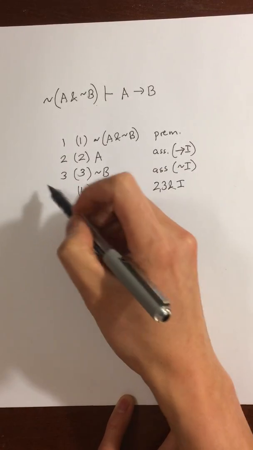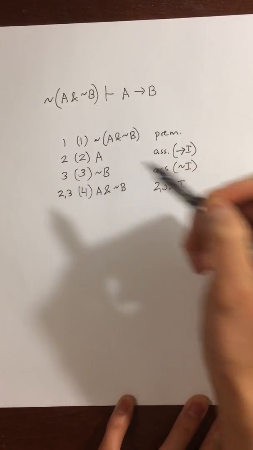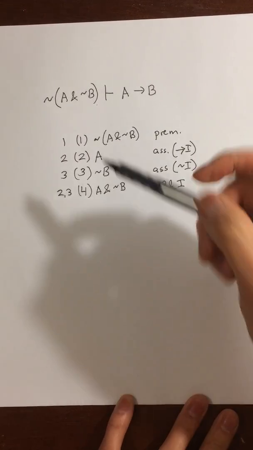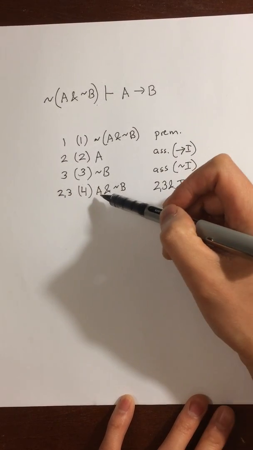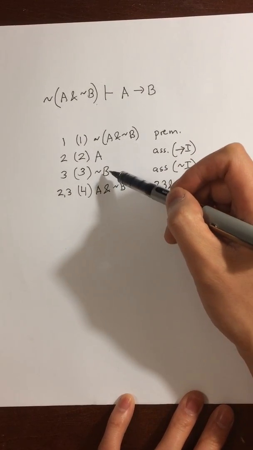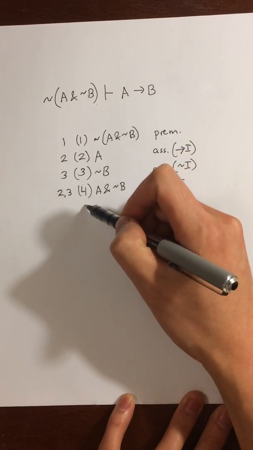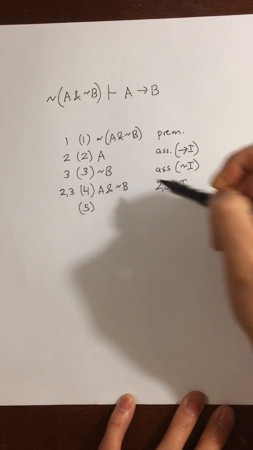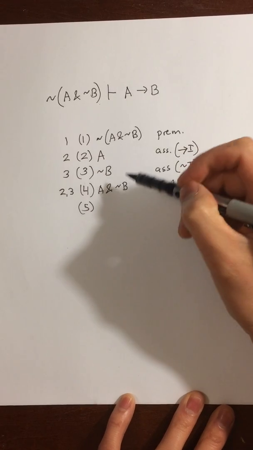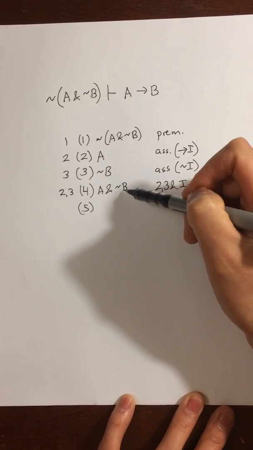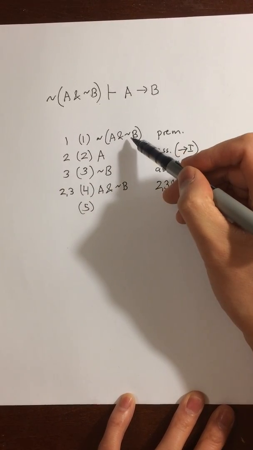The lines being used were 2 and 3, and so the dependency numbers would be 2 and 3. So here we've just put the atomic sentences together to make this more complex formula, and this formula is the opposite of that formula.